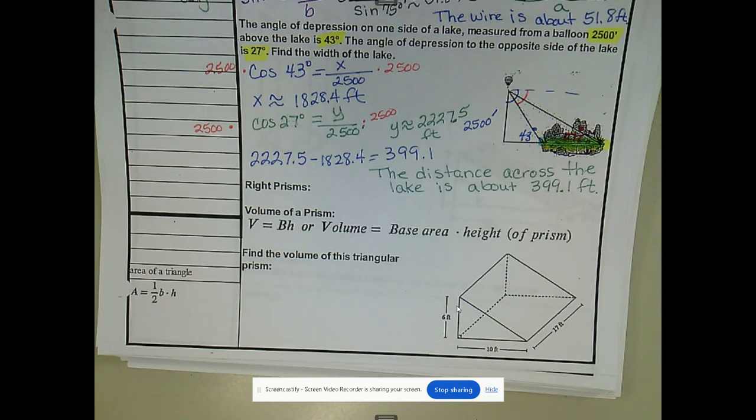When we're talking about right prisms, we're talking about a prism whose side is perpendicular to its base. That means it goes straight up and down.